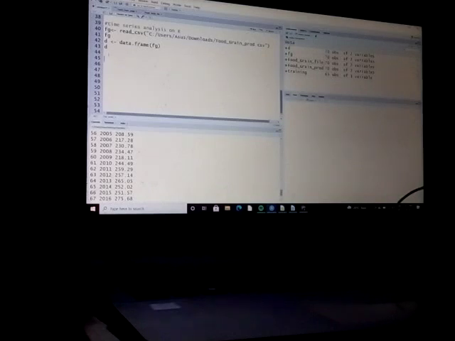Before actually performing the analysis, I need to install some packages in order to have some commands related to this. So I will go to install.packages. There are two main packages which are necessary for today's analysis: tseries and forecast. So tseries, I will install it.